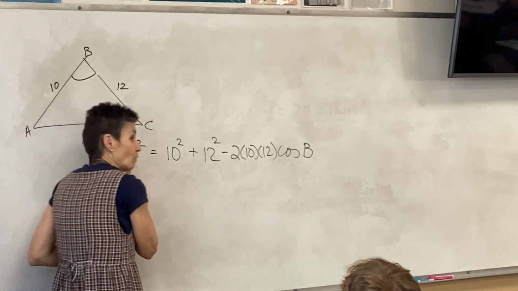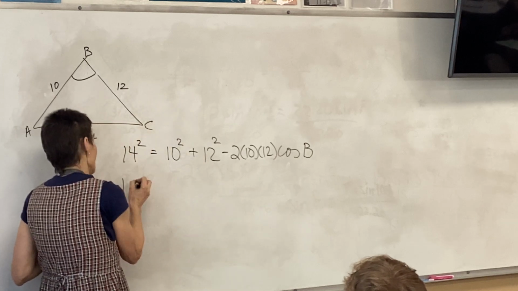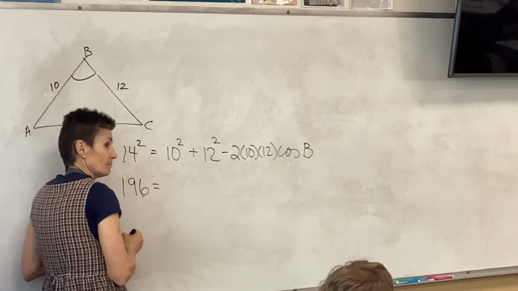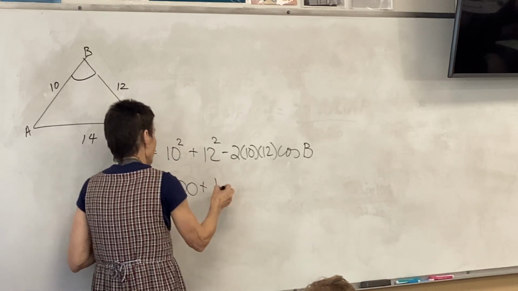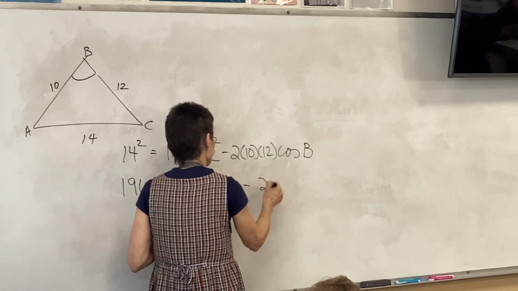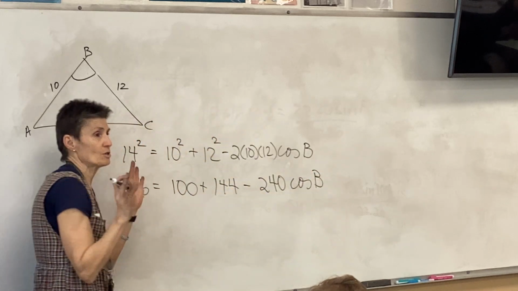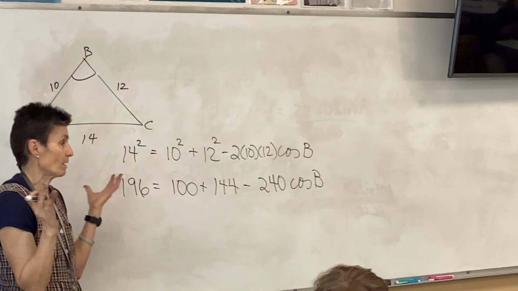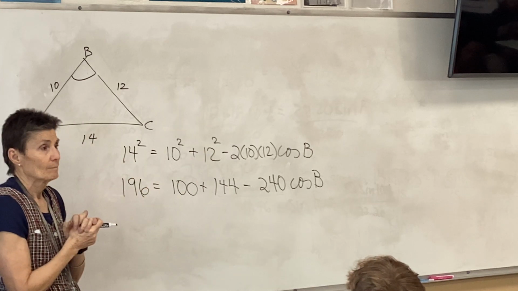So tell me what 14 squared is. I'm actually gonna work it. What's 14 times 14? 196. This is 100. That's 144. 2 times 10 times 12, that's 240, cosine B. So all I've done so far is just figure out what all those values are.